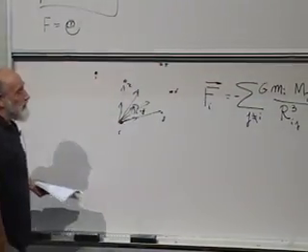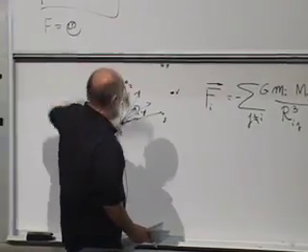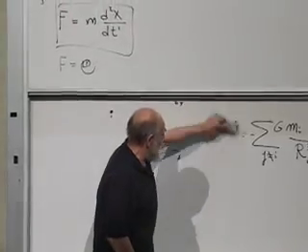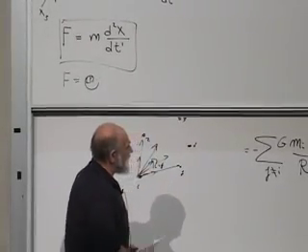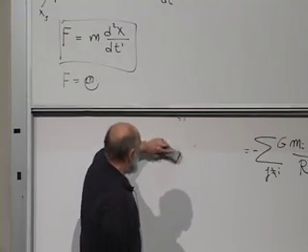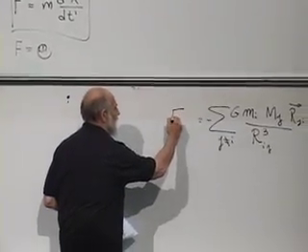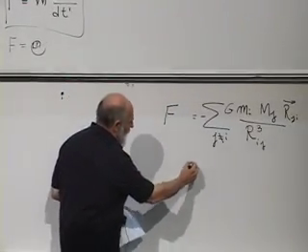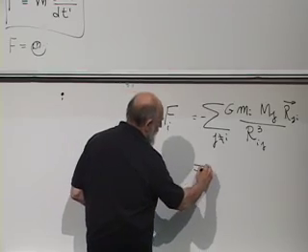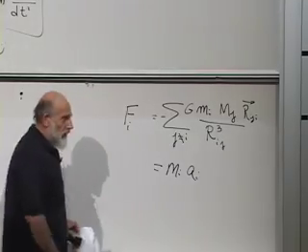If we combine it with Newton's F equals ma equations, well, this is F on the ith particle, and it is equal to the mass of the ith particle times the acceleration of the ith particle.